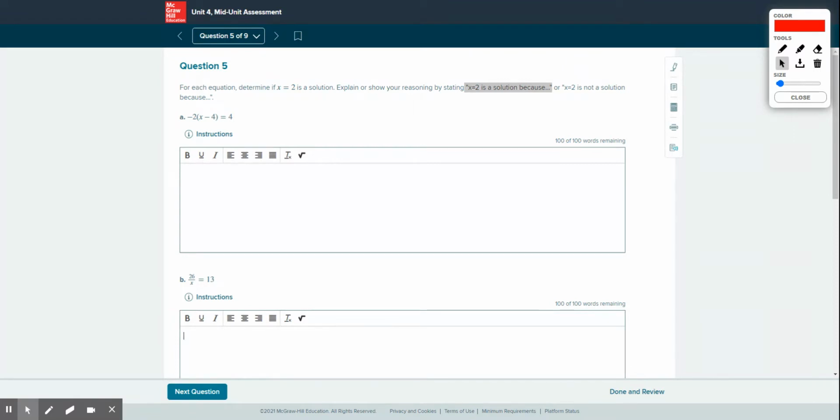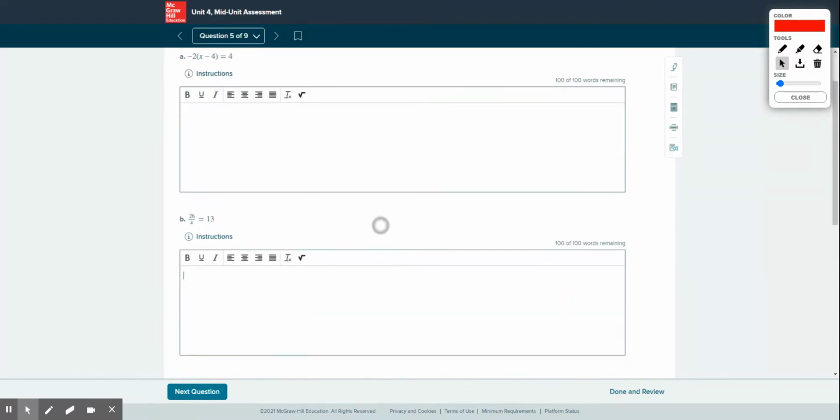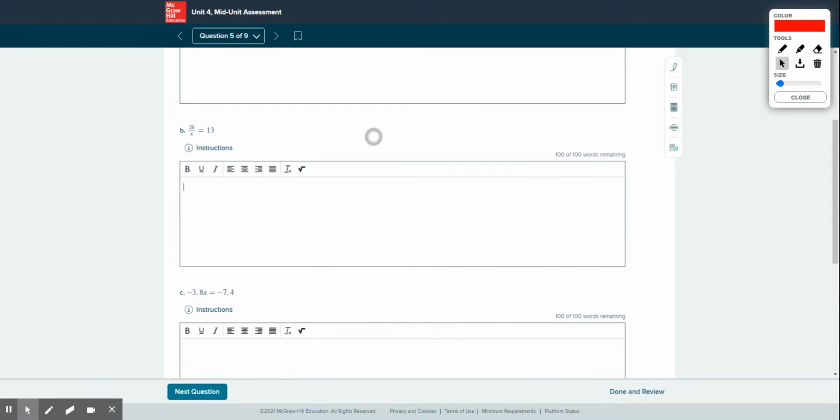The rest of it comes down to this, is making a statement like that is one thing, but proving it to be true is the other. I'm going to look at letter B. This one I think is fairly simple. I think most of us can understand that if I substitute 2 for x, I get 26 divided by 2 is 13.